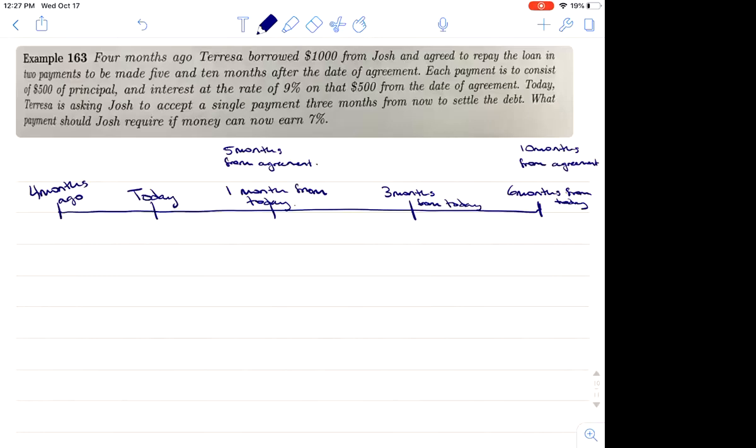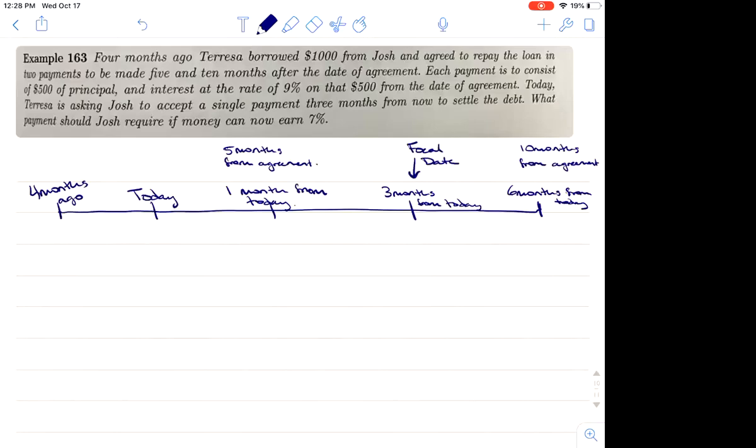That's our focal date. So here I'm going to say focal date. So it's not always necessarily today. That's the focal date.